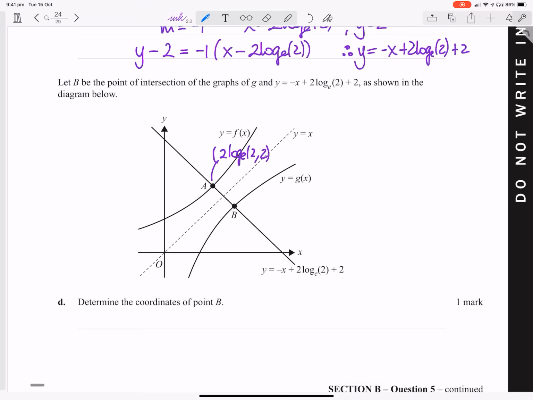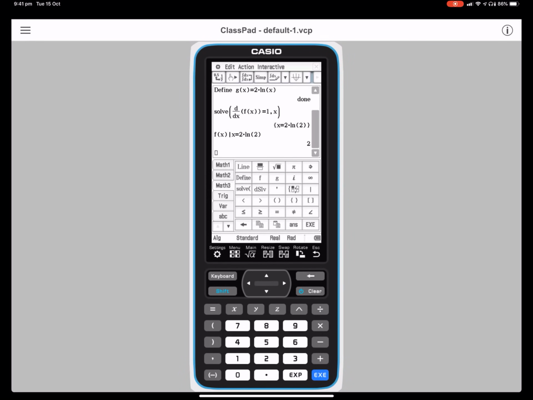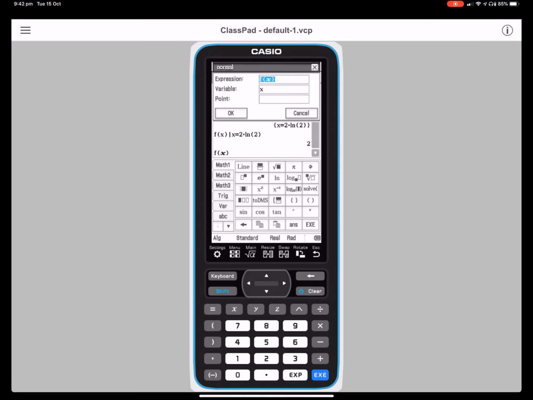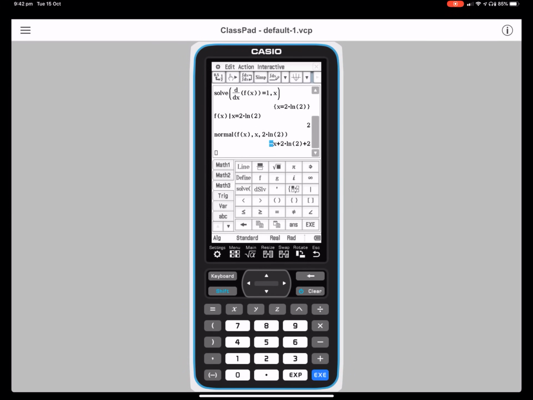Okay. Determine the coordinates of the point B. So that equation, perpendicular. So we want to find the whatever's 2 log e 2. So interactive calculation, line, normal line at 2 log e 2. So we get that graph, and let's call that h of x, define it.